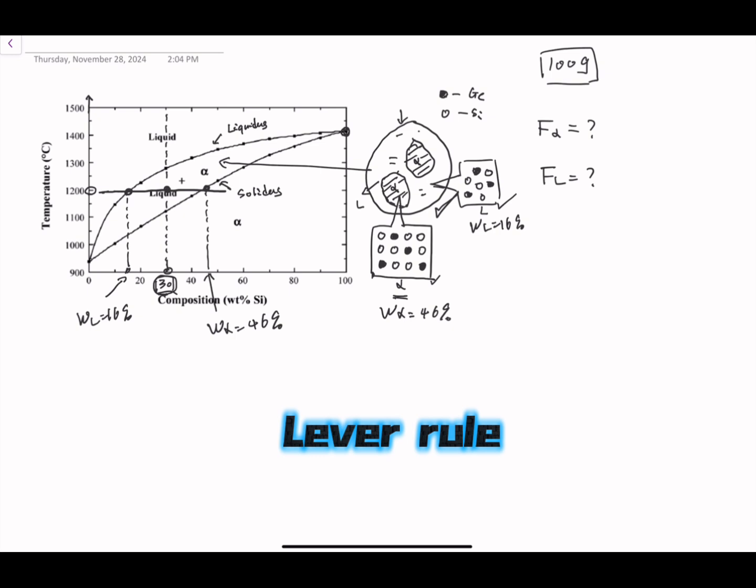Let's spend some time to talk about what happens in the system. What we're interested in is really the mass of the alpha phase and the mass of the liquid phase. But it doesn't really matter whether the system separates into different phases or originally is a pure liquid phase, so the total mass of the system is conserved.